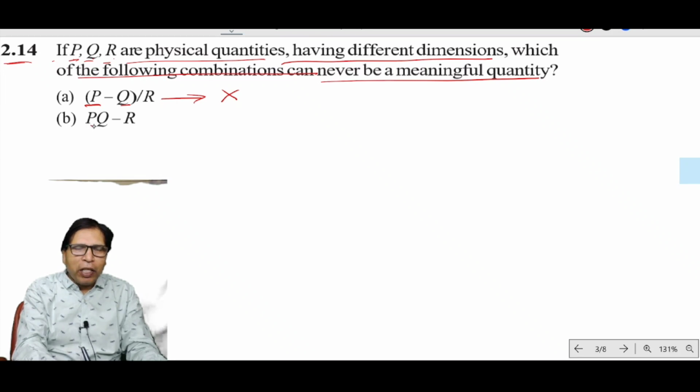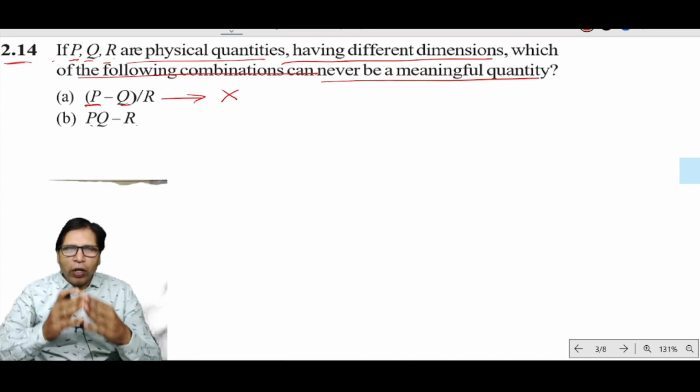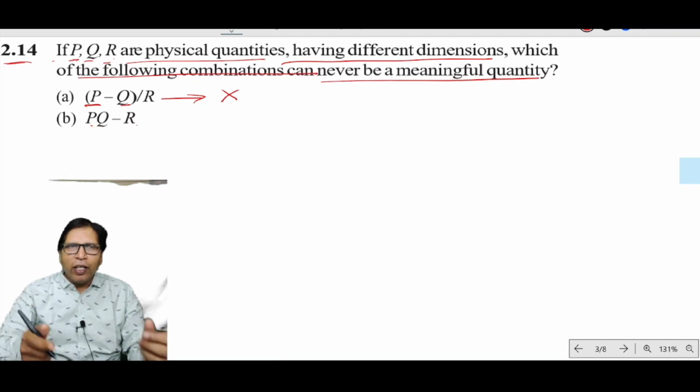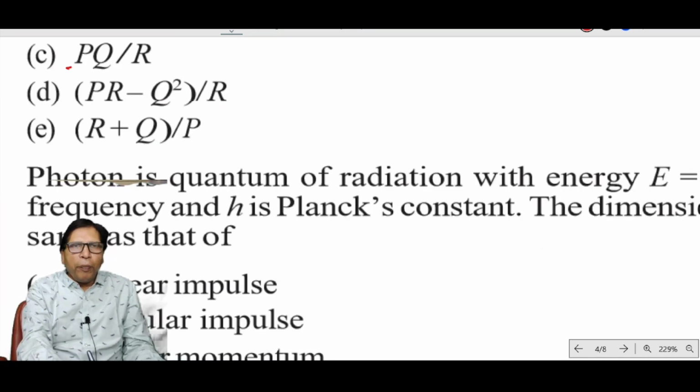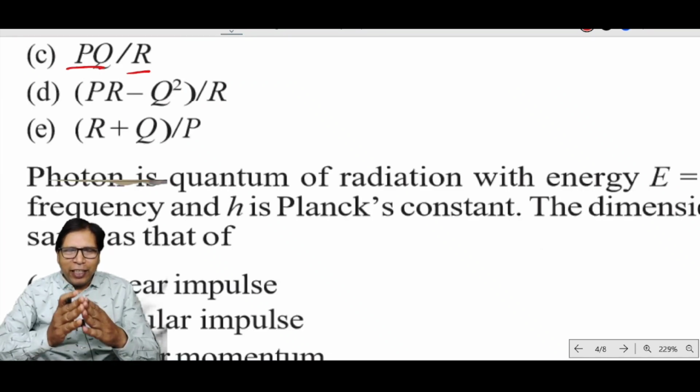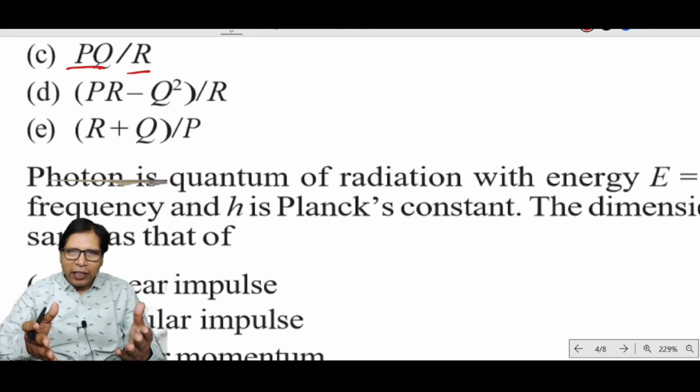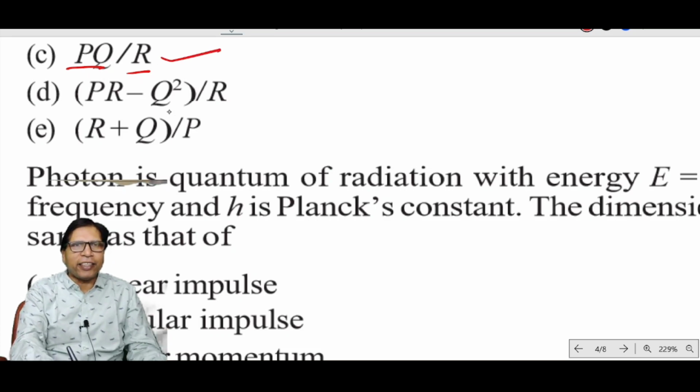Okay, now PQ minus R, the product of dimension of P and Q may be R. So in these circumstances, this is correct. Now PQ by R, look at this, division or multiplication of two different quantities can be done. So this is correct.